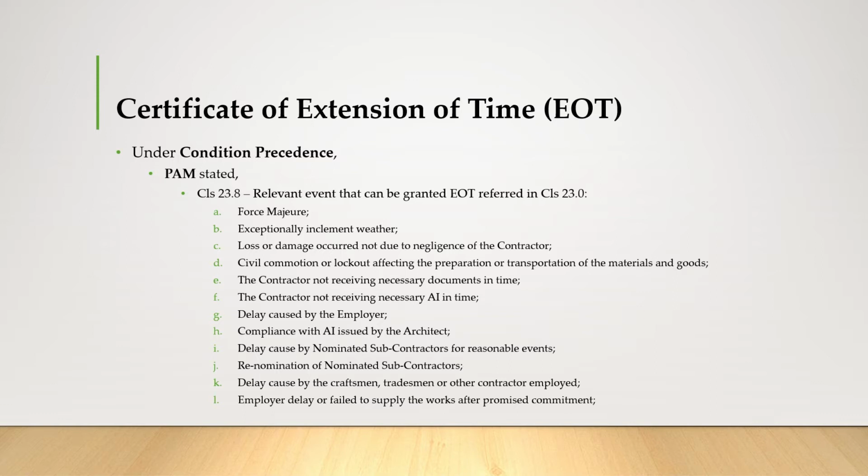Also delay caused by the employer, not the contractor, compliance with AI issued by the architect, delay caused by nominated subcontractors for reasonable events, the renomination of subcontractors, delay caused by craftsmen, tradesmen or other contractors employed, and the employer's delay or failure to supply the works after promised commitment.